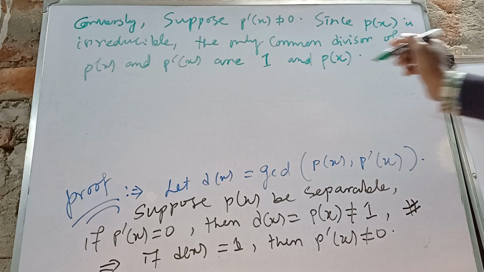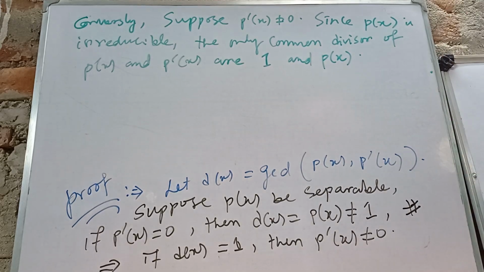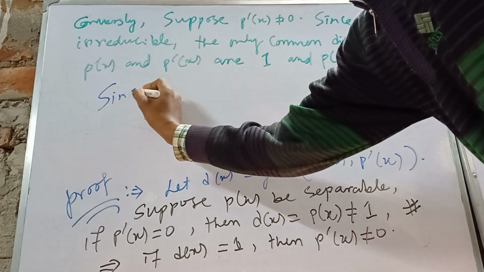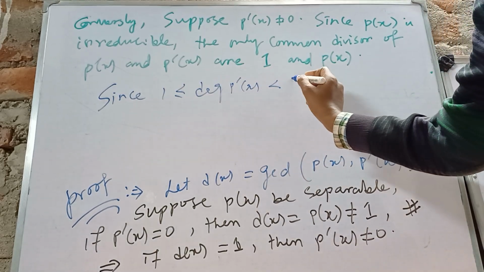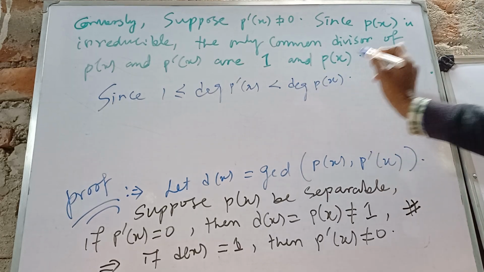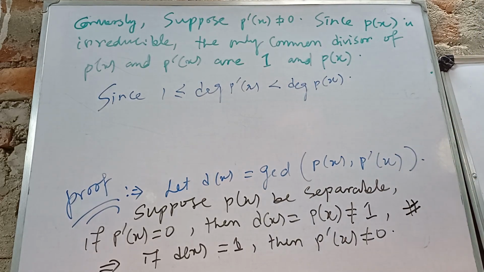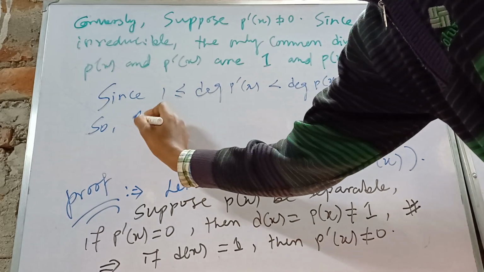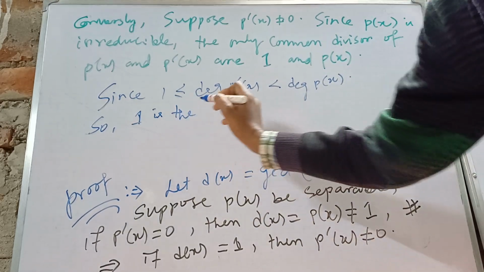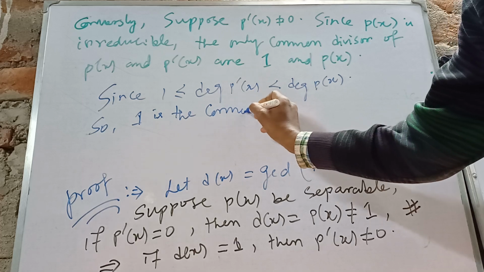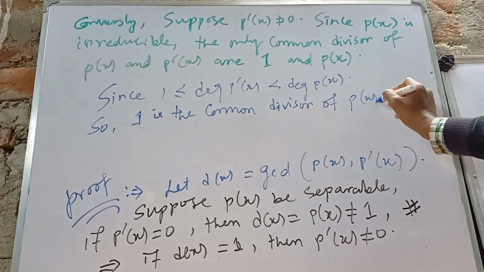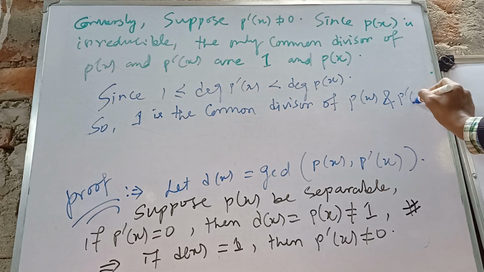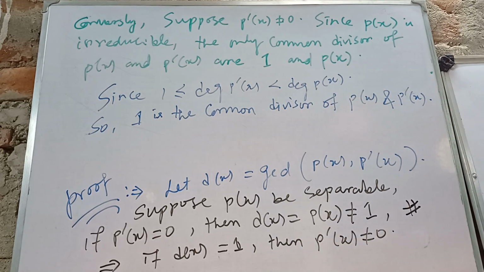Now since 1 is less than or equal to the degree of p dash x, which is less than the degree of p(x), 1 is the common divisor of p(x) and p dash x, not a problem at all.